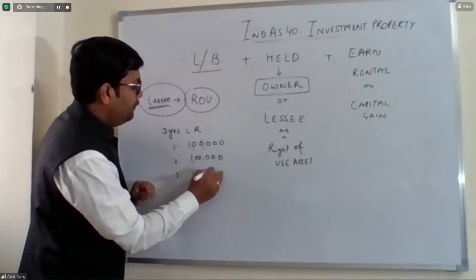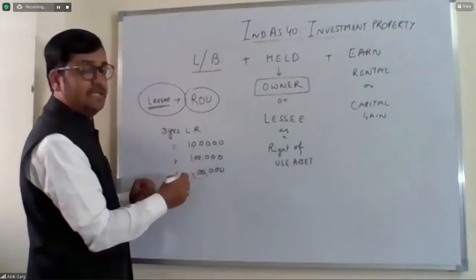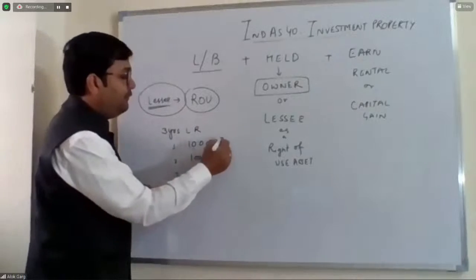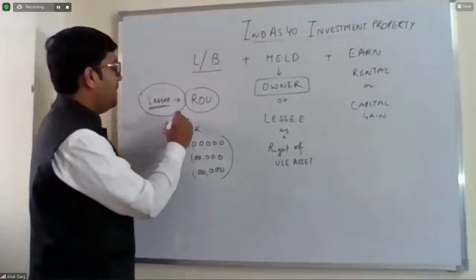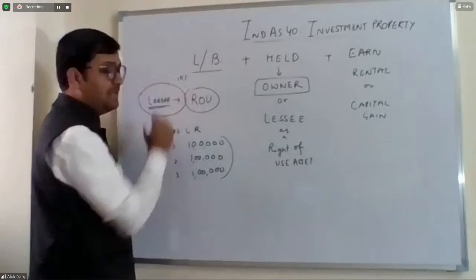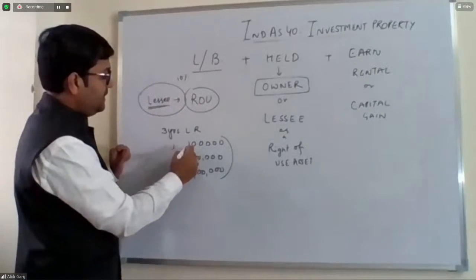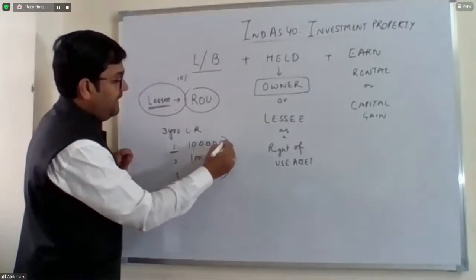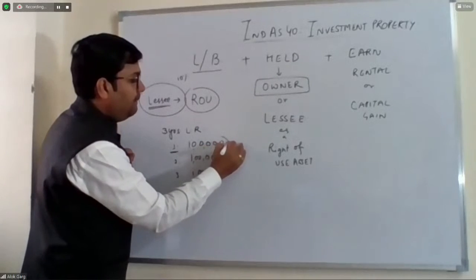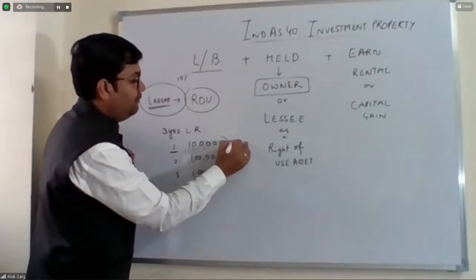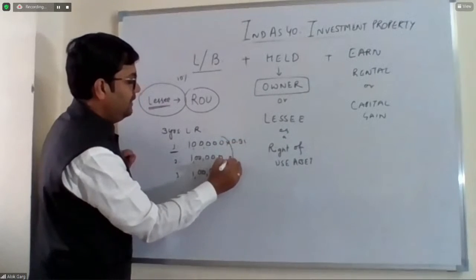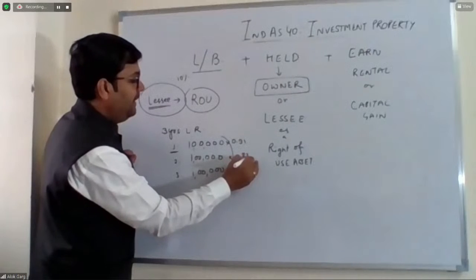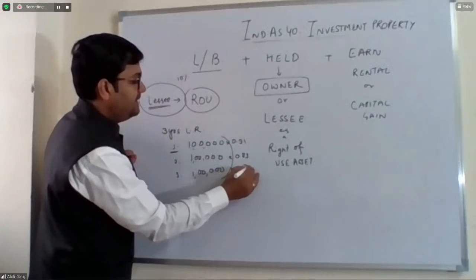This right of use asset is required to be capitalized on the basis of present value of future lease rental. For example, the discount rate is 10%. The present value factor for the first year is 0.909, about 0.91, for the second year 0.83, and for the third year 0.76.